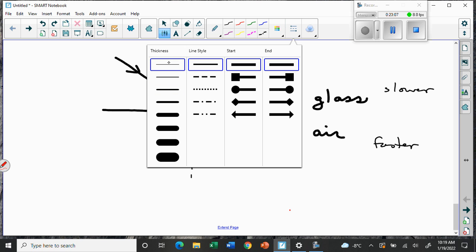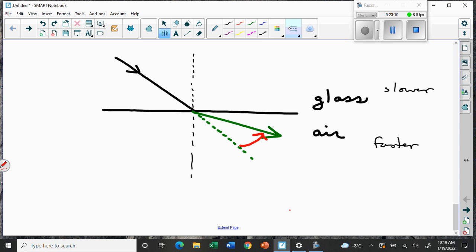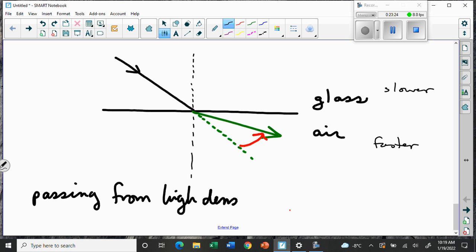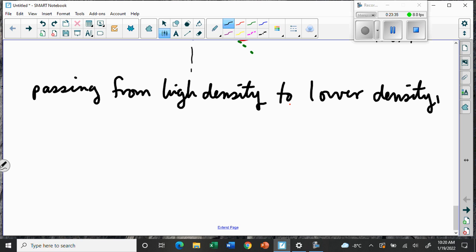So we say that when you go from, so we should write this, I guess. If the light is passing from high density to lower density, like it is here, the ray bends away from the normal.